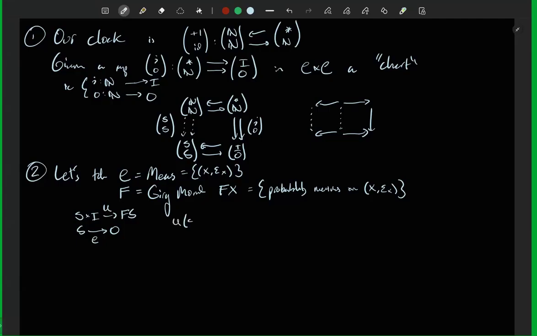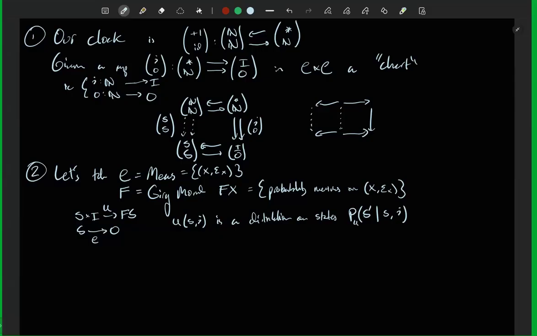U of S_i we can think of as a distribution on states, which we can think of as a conditional distribution, S prime given S_i, or we might think of this as describing the distribution of next states given that the current state is S.